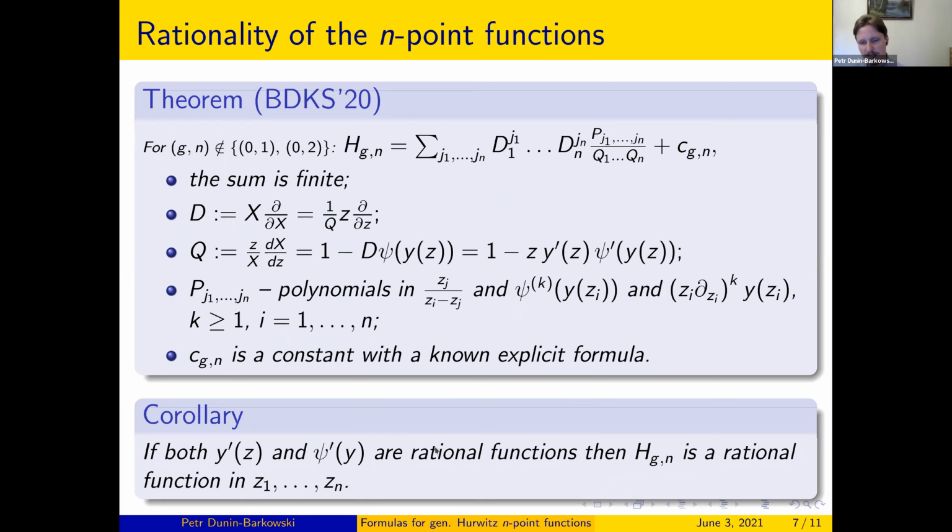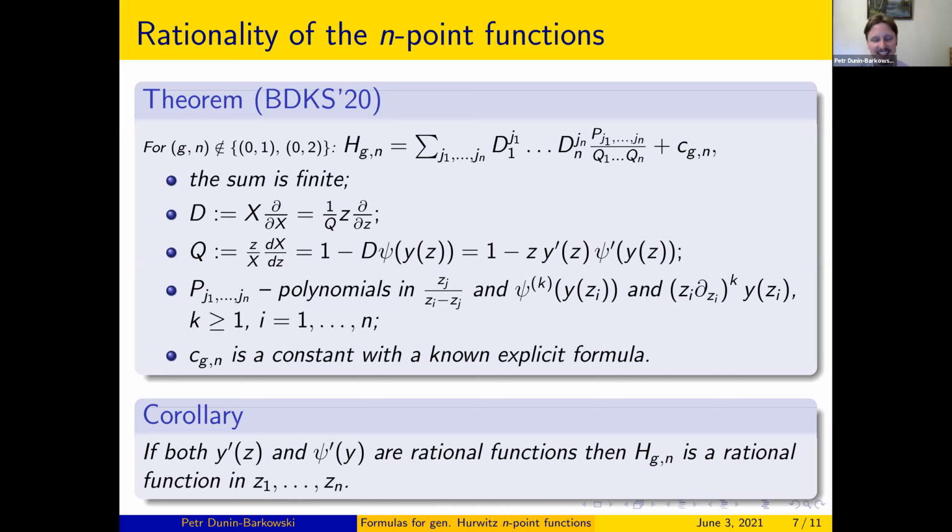So, for instance, for BMS numbers, for the simple Hurwitz numbers, for monotone, and so on, and for r-spin, in most of those situations these are rational functions. And then this theorem implies that H_{g,n} also becomes a rational function in variables z_1 up to z_n.